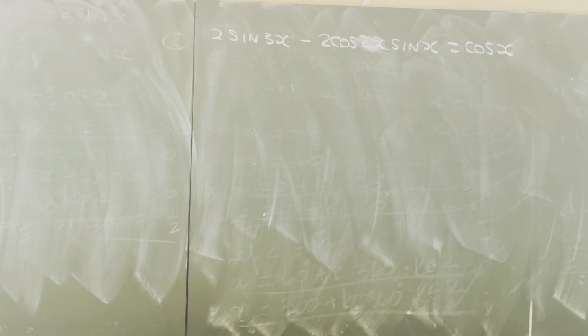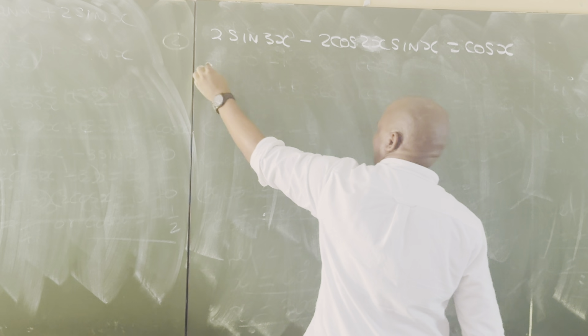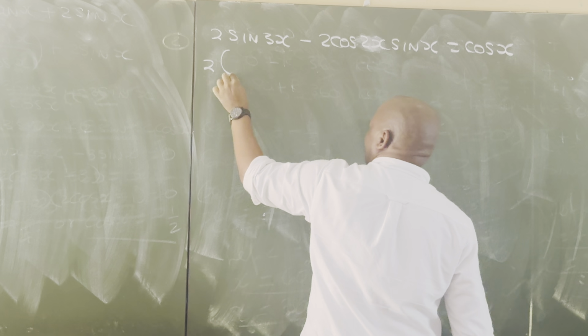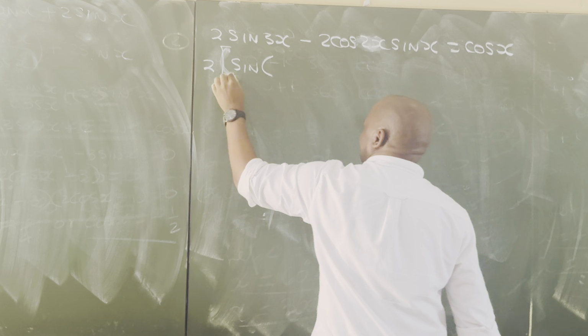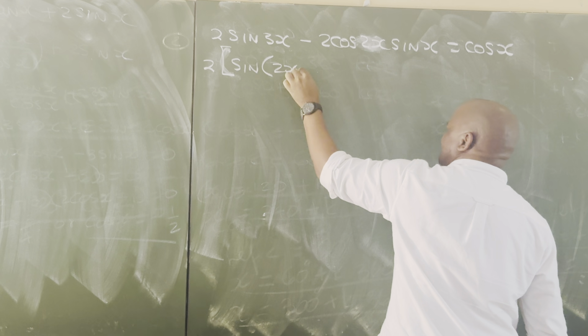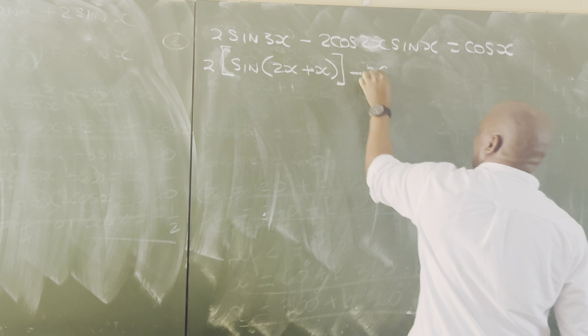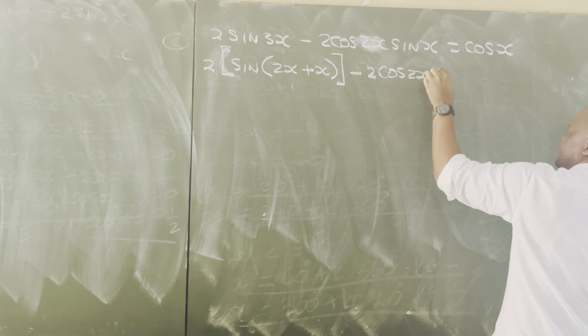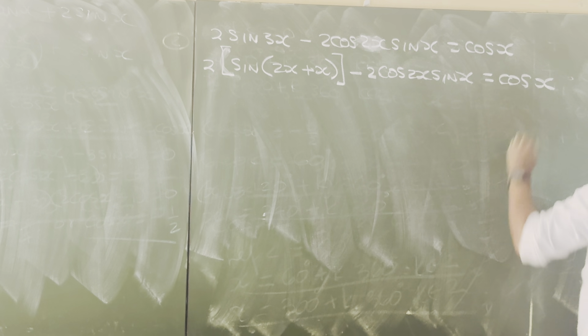So what are you proposing as our first step in this one? We rewrite this as 2 into sine, into a square bracket, 2x plus x, minus 2 cos 2x sine x equals to cos x.